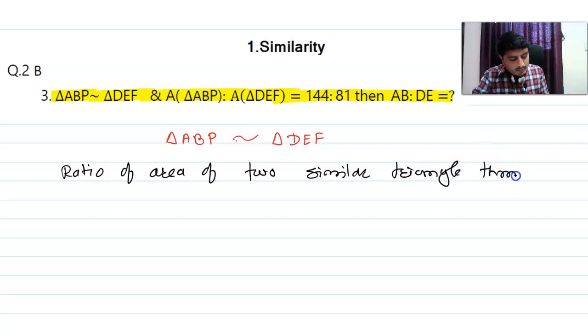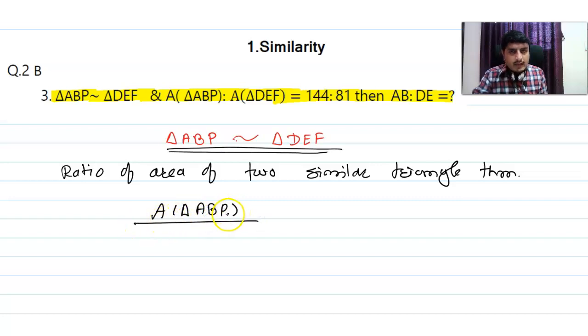As per the theorem, the ratio of the areas of two similar triangles, area of triangle ABP divided by area of triangle DEF, is equal to the ratio of the squares of their corresponding sides. We have AB as one side whose corresponding side is DE, so we take the squares of them in ratio. So AB square divided by DE square.